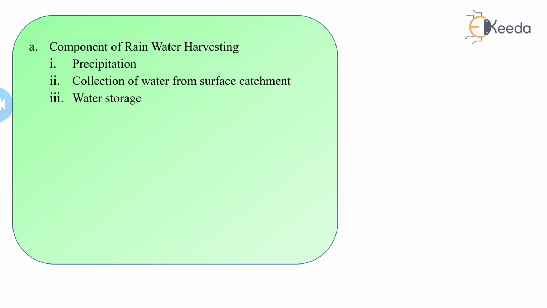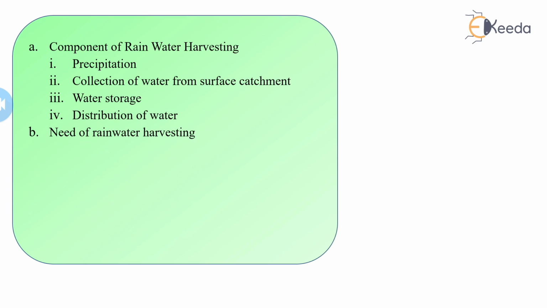Once the water is collected, we have to store it for a long period, and when it is needed, we extract this water. Then the distribution of water: the stored water, if it is required in the future, is distributed by using various mechanical devices, pumps, and by laying down various pipes, etc.